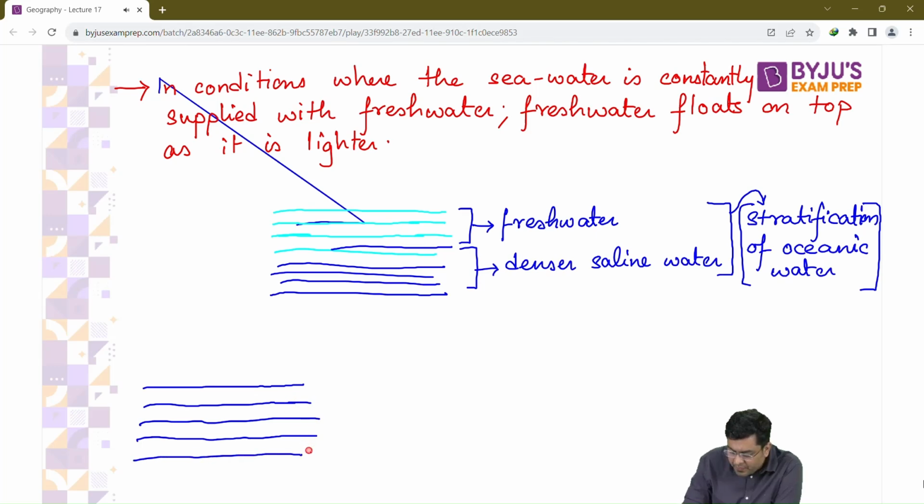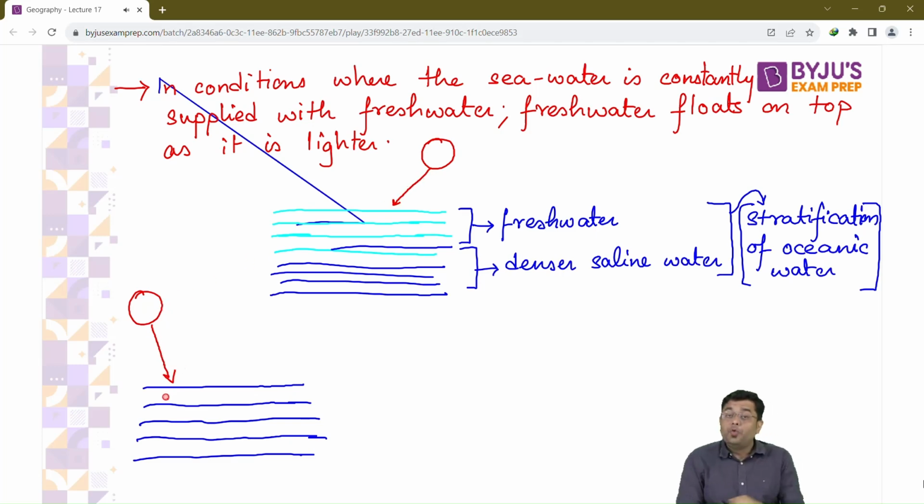Now, both of these areas receive solar insolation. That is, significant heating by the sun is received. Now, I will have some assumptions. Let me know if you are comfortable or not.